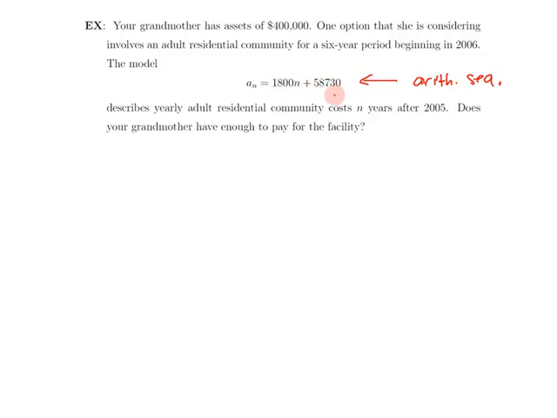Because that's arithmetic, because we're adding 1800 each time we go from one year to the next, we can find the sum of an arithmetic sequence using S sub n equals n times a1 plus an, all over 2. Now we want to know if our grandmother has enough to pay for the facility after 6 years. It's a 6-year period. So we want to find S sub 6.